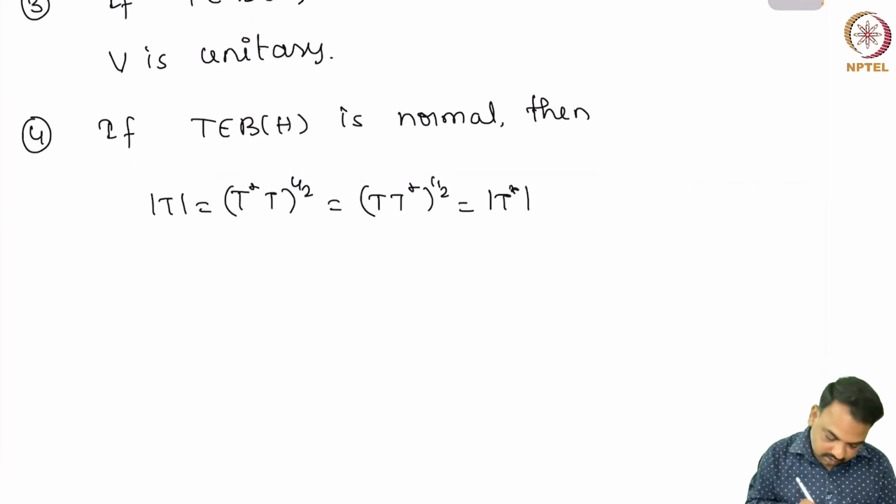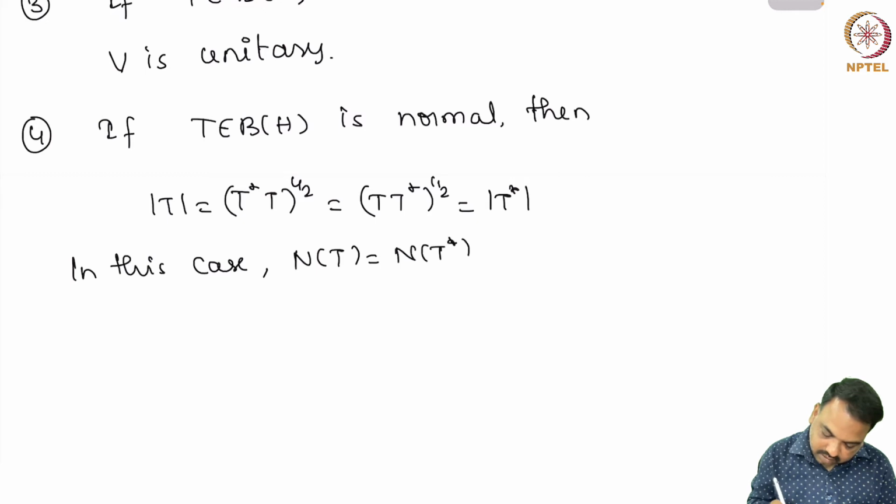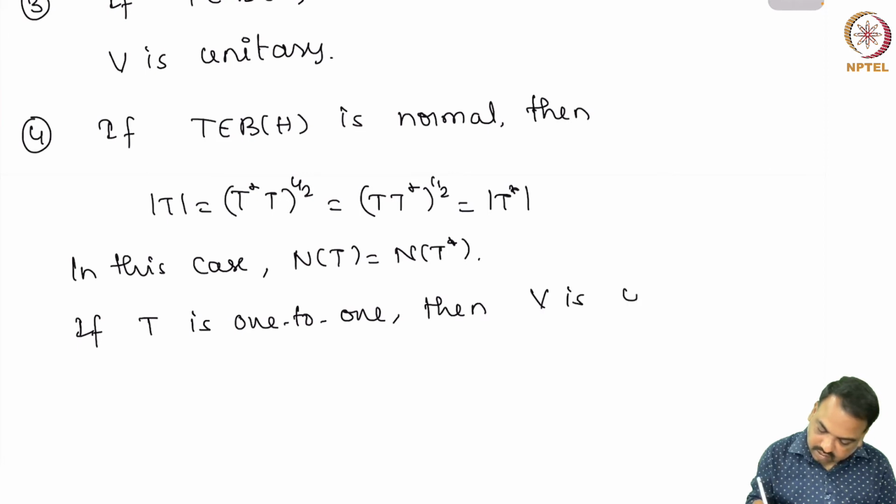So in this case, null space of T equal to null space of T star. So whenever T is 1 to 1, automatically we become unitary. So if T is 1 to 1, then V is unitary in the polar decomposition.